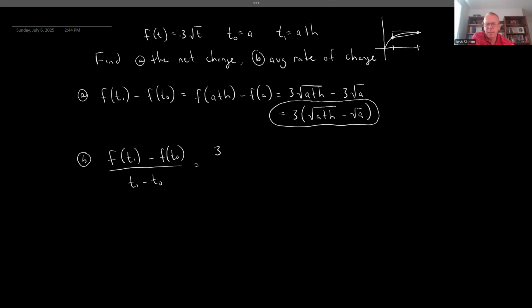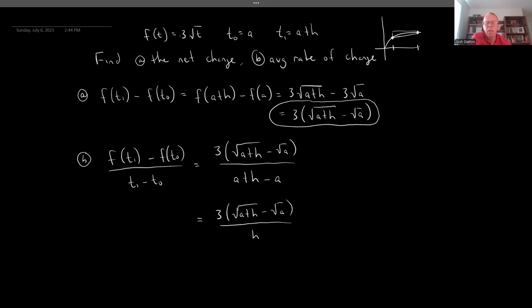So let's go ahead and write that: 3 times square root of a plus h minus square root of a, and now over t1 minus t naught. So a plus h minus a. And hopefully you can see what's going to happen here. The a's will cancel out. And so our numerator will stay the same, and then all over h.